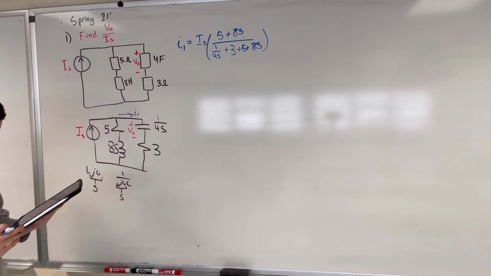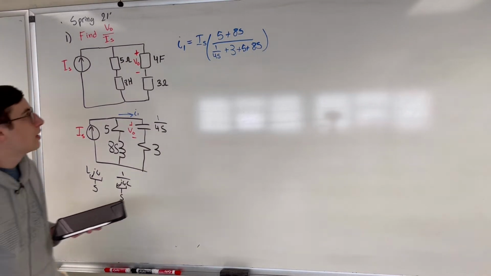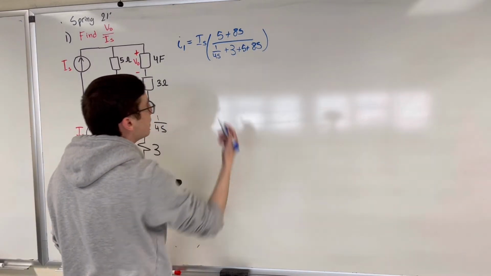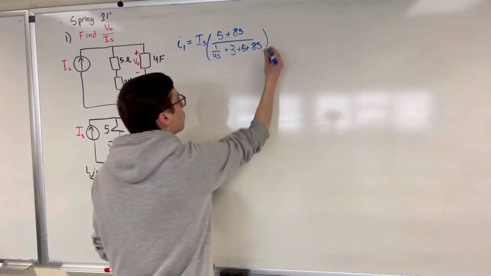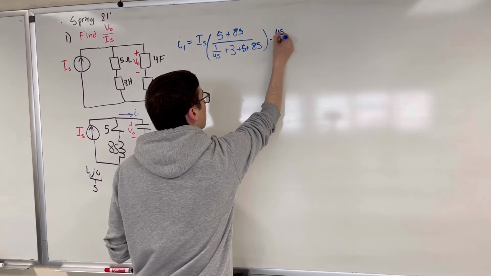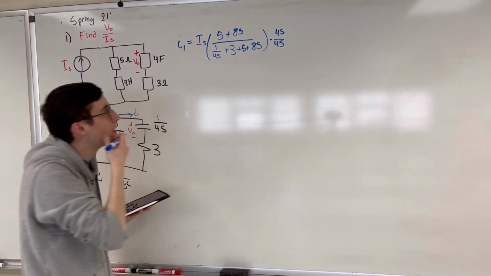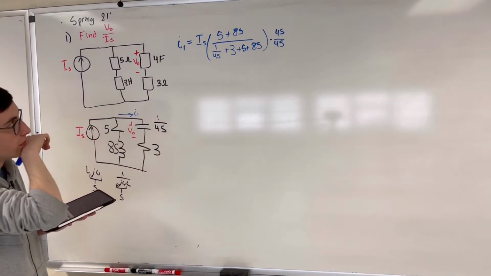Now with that, I'm going to do some simple algebra. To get this 4S out of the denominator, I'm going to multiply this by 4S over 4S, and then you just multiply through.